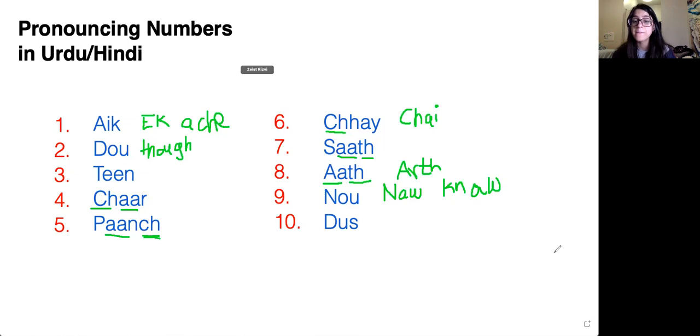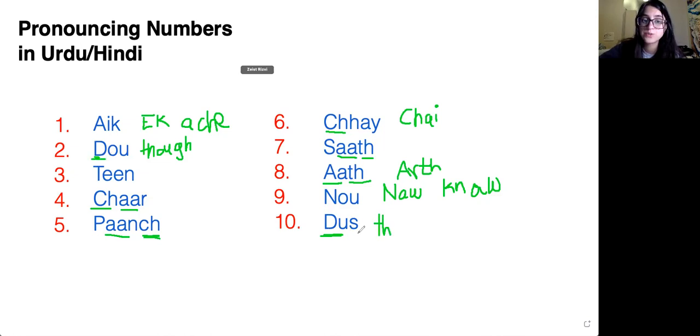And then finally number 10 is thus. So it's not dus. And again, this is kind of tricky because I would use a different letter in Urdu. We have a sound for duh, but this is actually the duh sound, the exact same duh sound that we had over here.